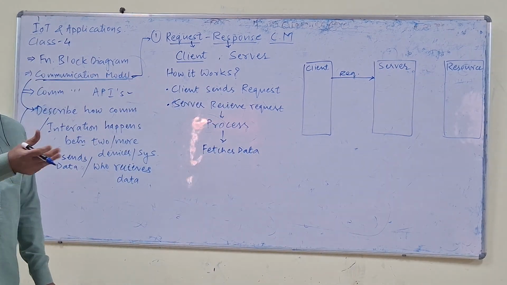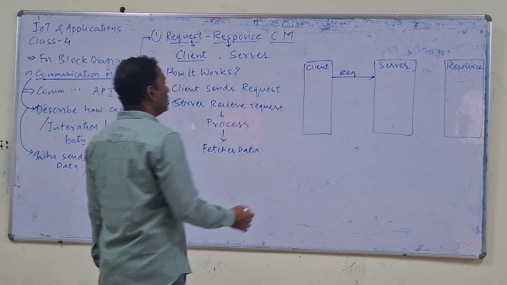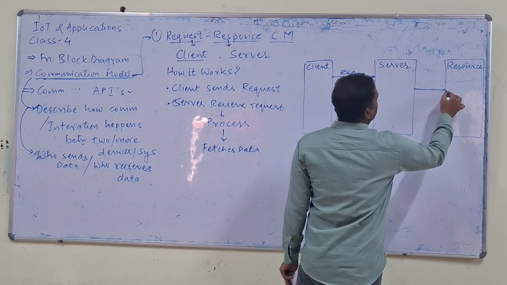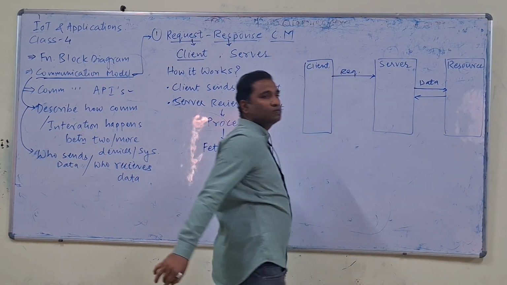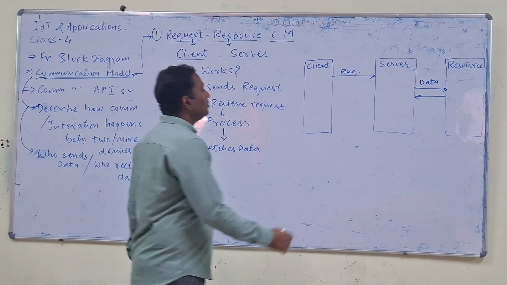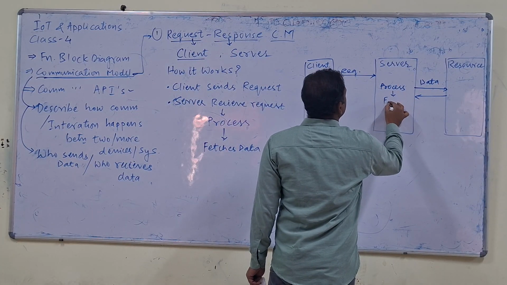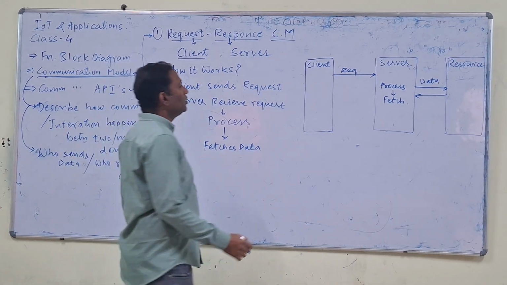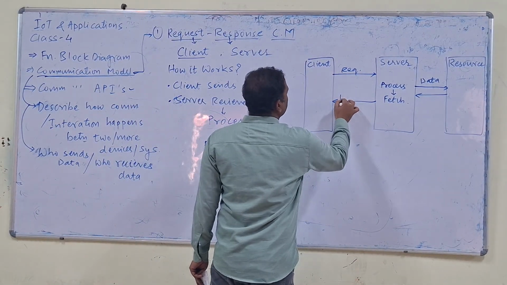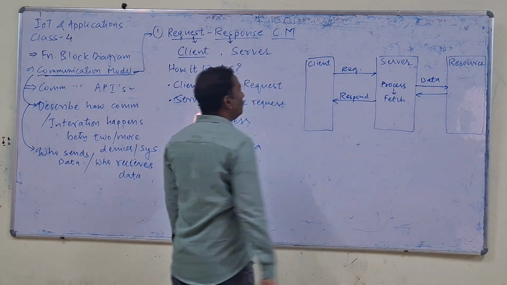Client is seeking some information, some data. That data it fetches from the resource, and the data will come back. Right, what does it do? It processes, it fetches, and responds to the client with the data.